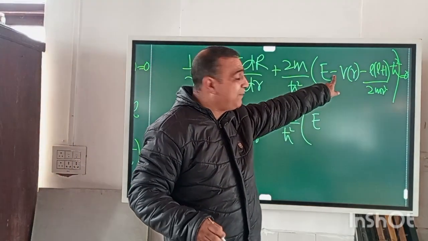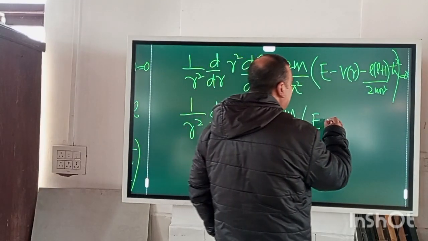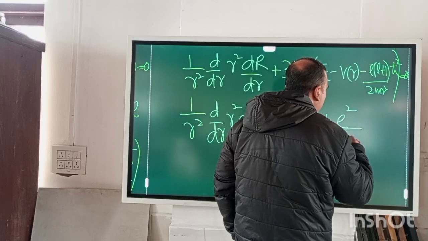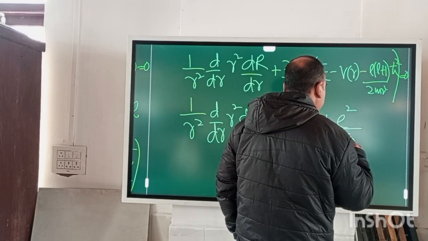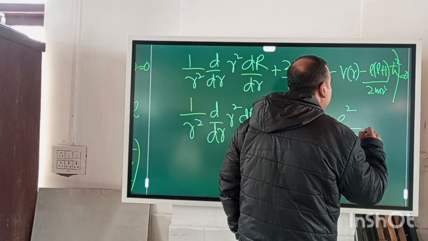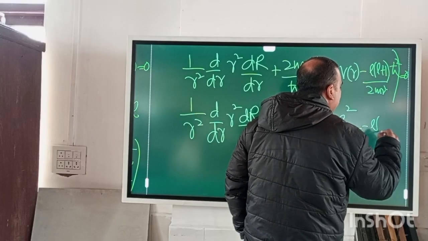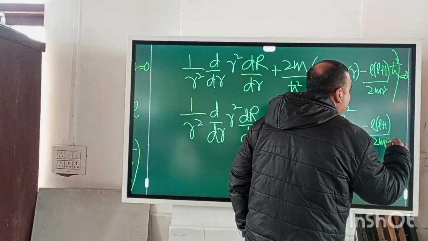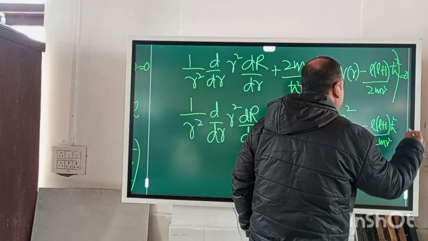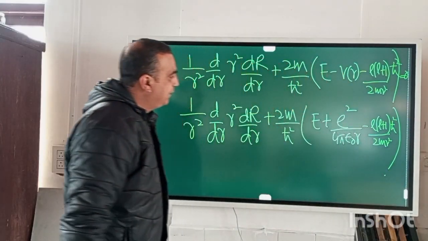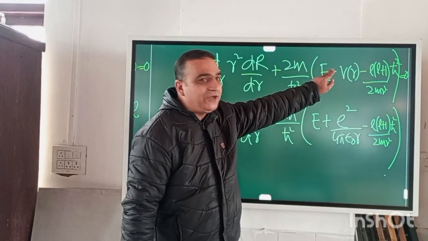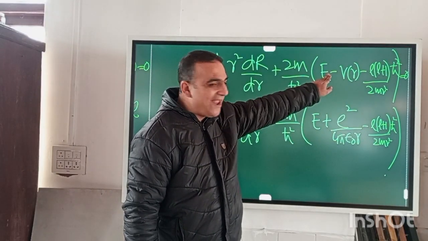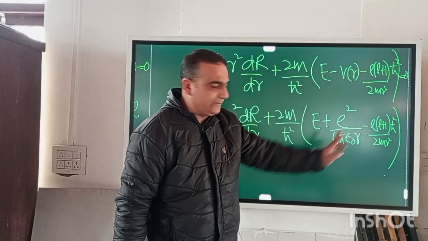But that minus will be multiplied by this minus. So what you will get here? Plus. You will get plus e square by 4 pi epsilon naught r, minus L into L plus 1 divided by 2m r square h bar square, and close. Here I have used the equation of electric potential energy. It was negative, it has become positive.